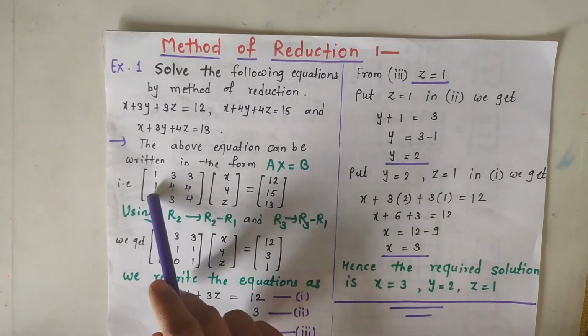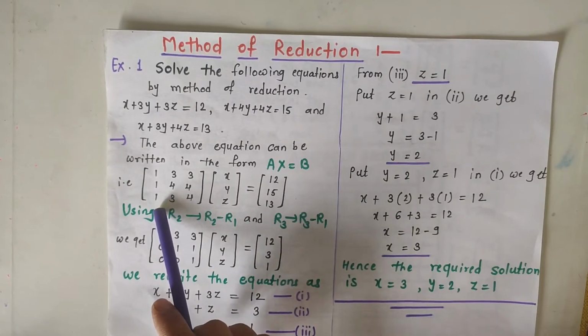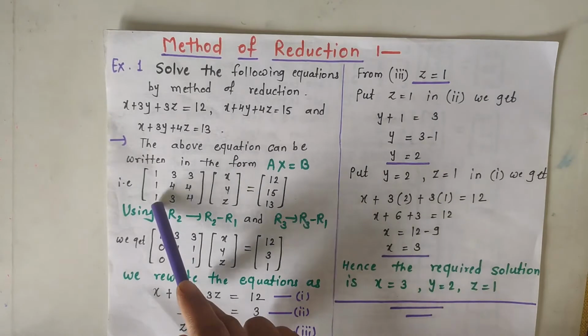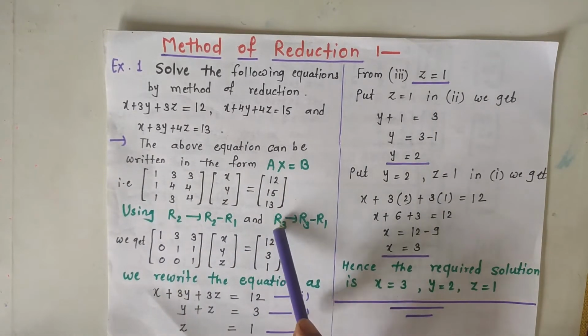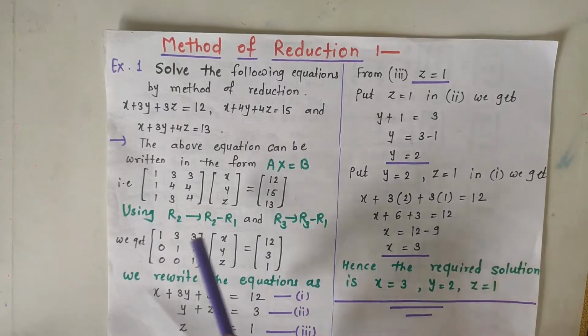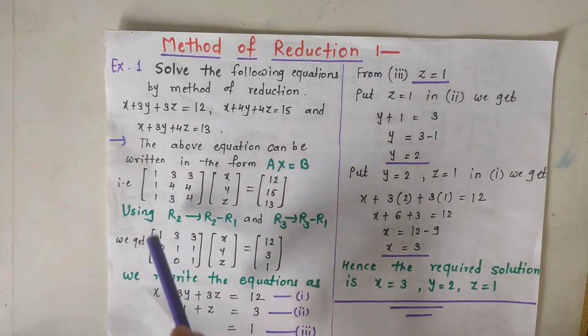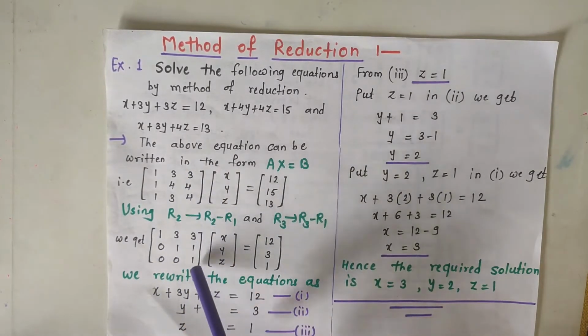Now to convert the second element 1 into 0, we apply the second transformation R3 minus R1. Applying R3 minus R1, we get the third row: 1 minus 1 = 0, 3 minus 3 = 0, 4 minus 3 = 1.